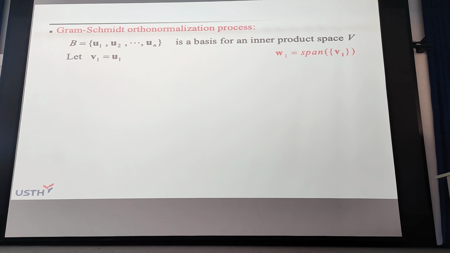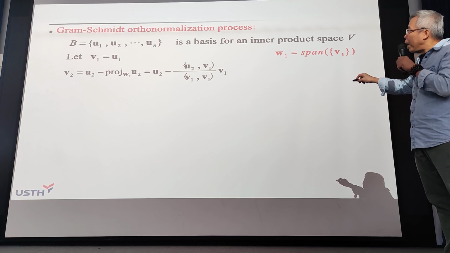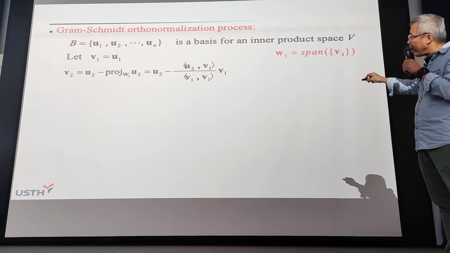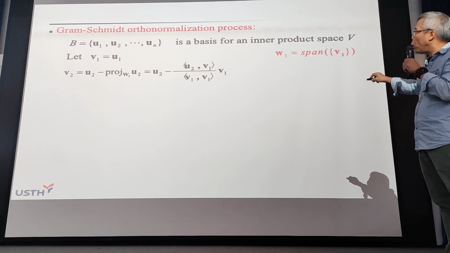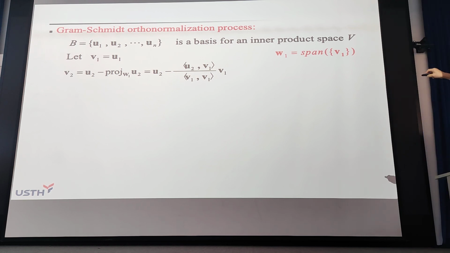Now I go to the second step. Second step, I choose V2. V2 now is no longer U1. V2 is U2 minus projection of U2 onto that one. Or by formula, you get that one. So what you need to remember is that formula. You need to remember, V2 equals that one.